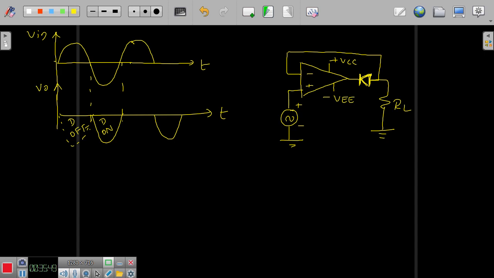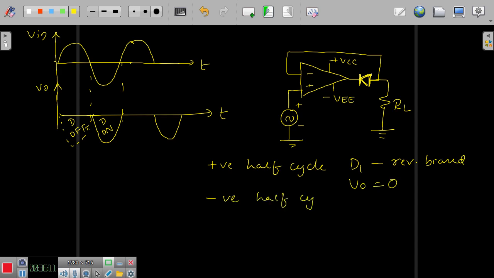During the positive half cycle, your D1 is reverse biased, right? So therefore during the positive half cycle, D1 is reverse biased and your output V0 is equal to 0. During the negative half cycle, D1 is forward biased, so your V0 is equal to VA.